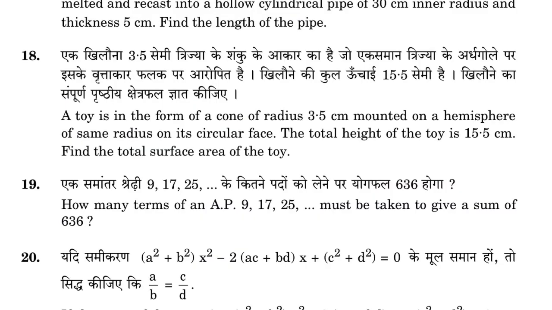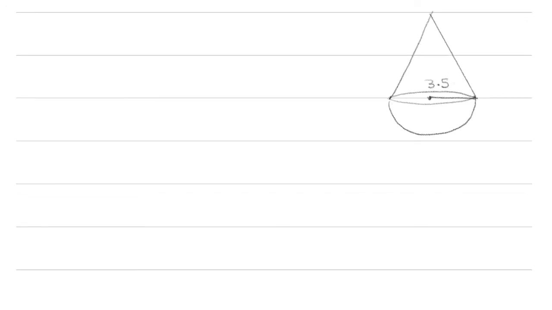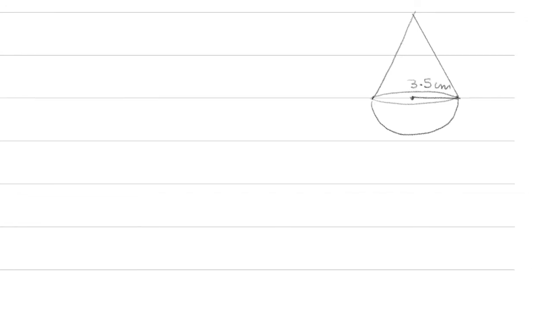Question number 18. In this question we have a toy in the form of a cone surmounted on a hemisphere of the same radius, and the radius is given as 3.5 centimeter. The total height is given as 15.5 centimeter.